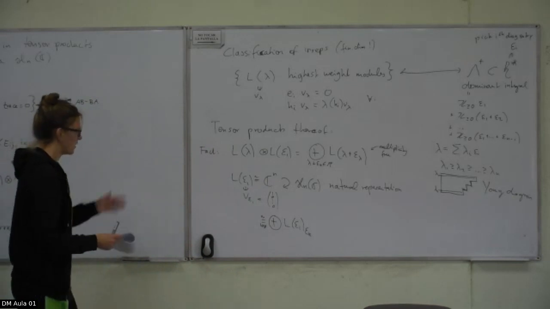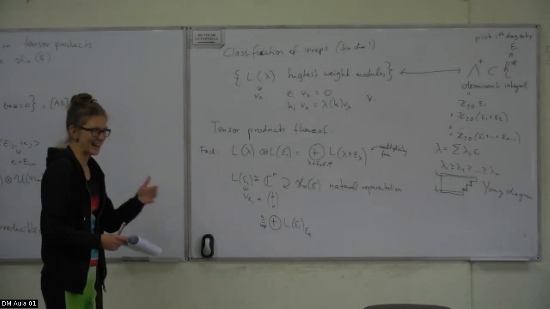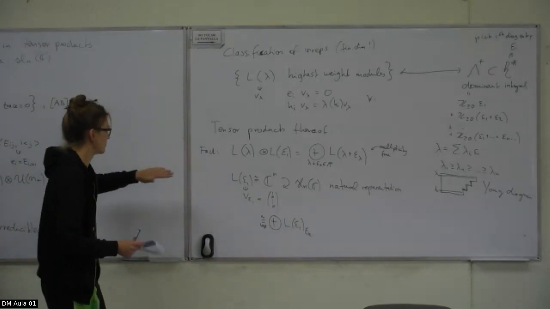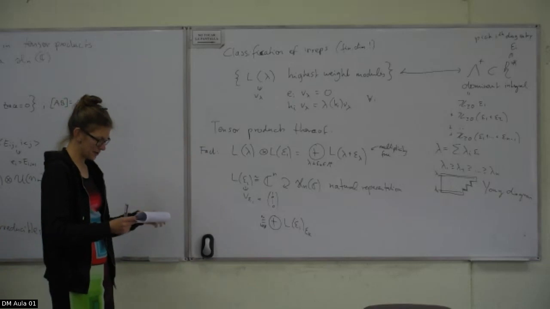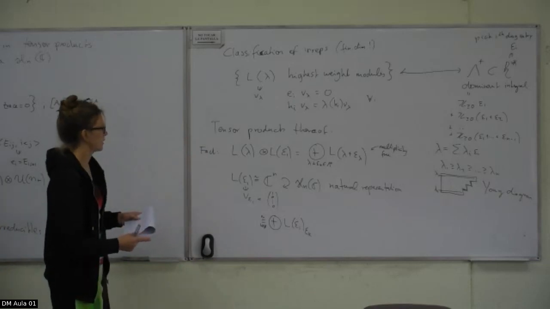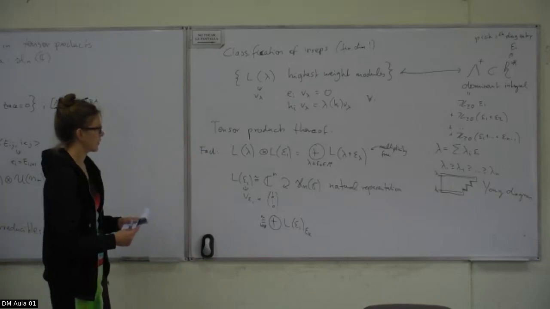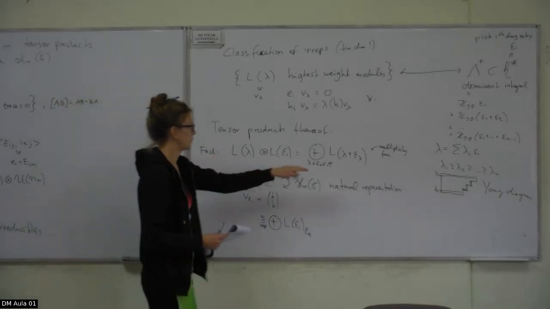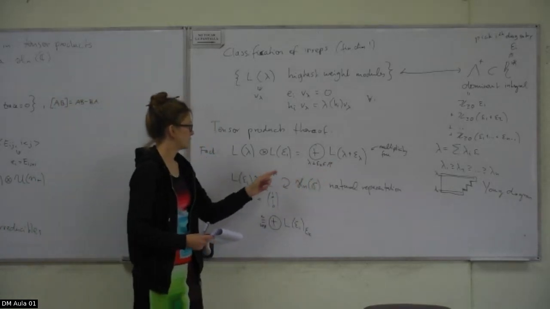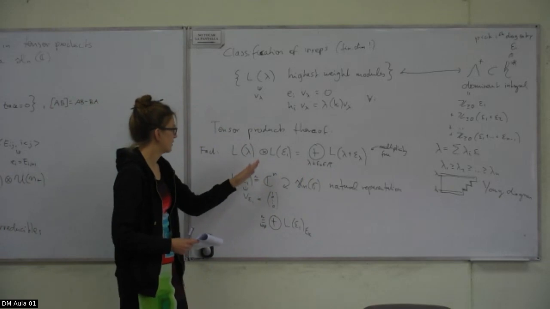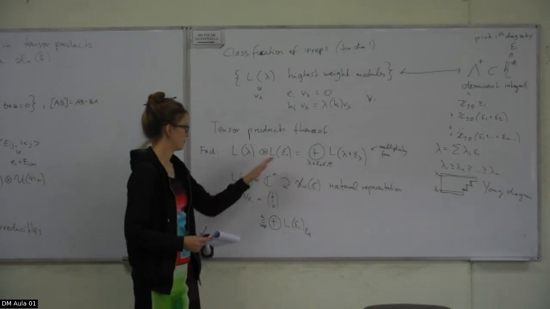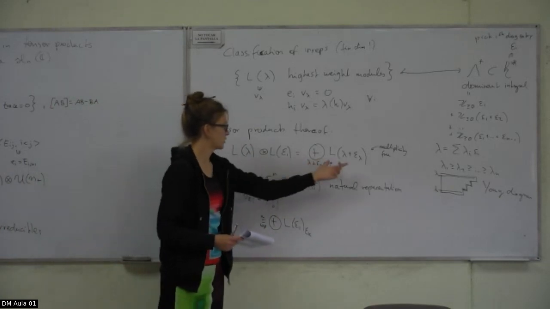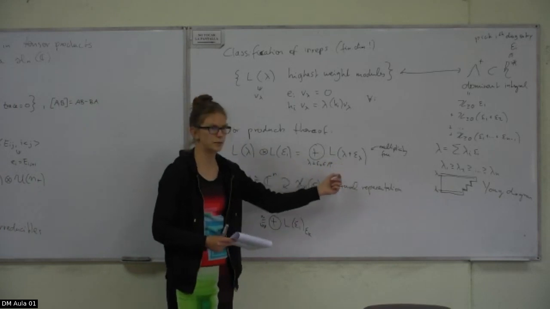This is a very good moment to pause. This is a really old theory, but now the question is, even in this multiplicity-free case, this decomposition is just an abstract decomposition, right?